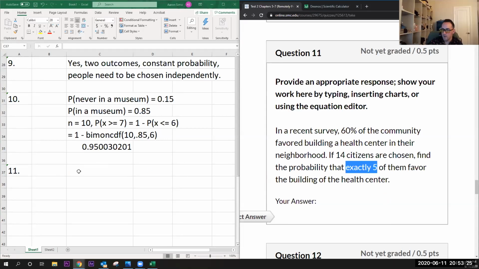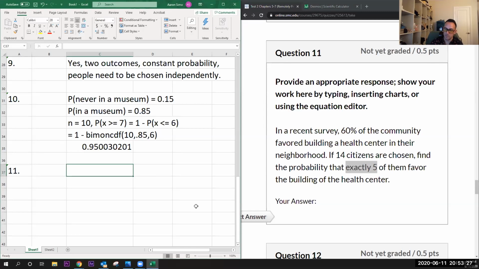So on a calculator, I'd say binomial PDF, and then I'd plug in n, 14 citizens are chosen, comma 0.6, comma exactly 5. I'd plug something like that on a calculator.